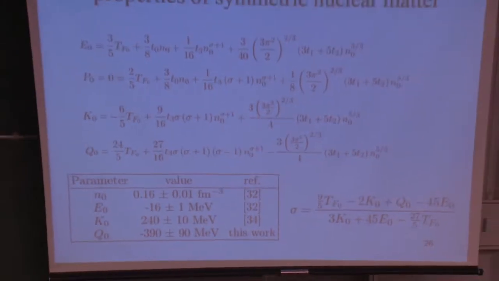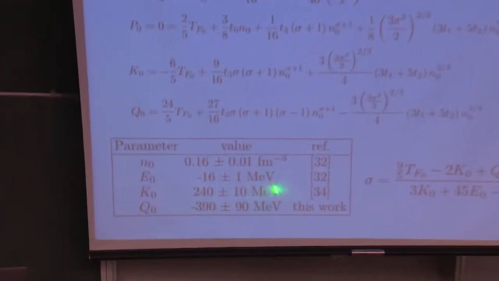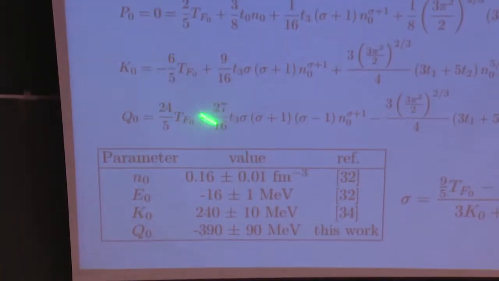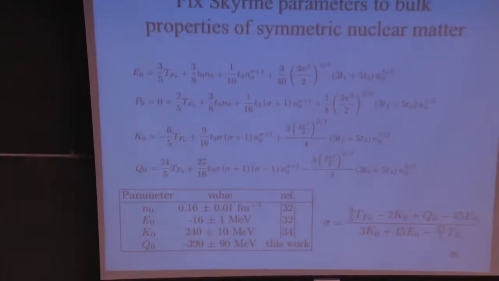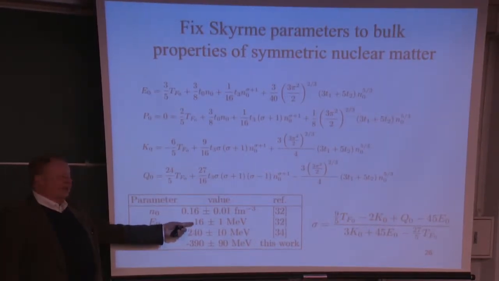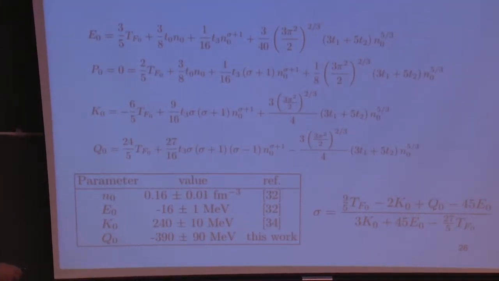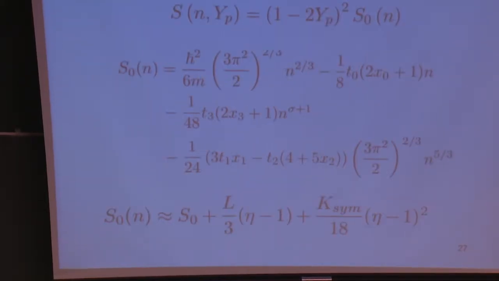I'll show that in a second, but basically by forcing these values of the nuclear parameters, we can fix all of these parameters of the Skyrme interaction to get the right compressibility, the right binding energy per nucleus, etc. And the only thing is there's a three-body term embodied in this sigma piece, which shows up here. That's the three-body term. And in fact, once you fix these parameters, you actually fix this power law for the three-body term.